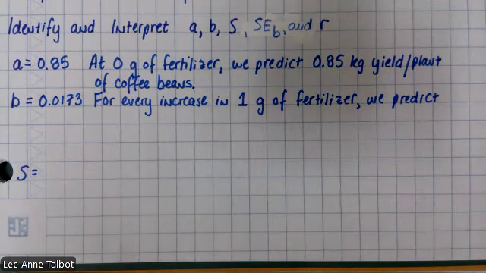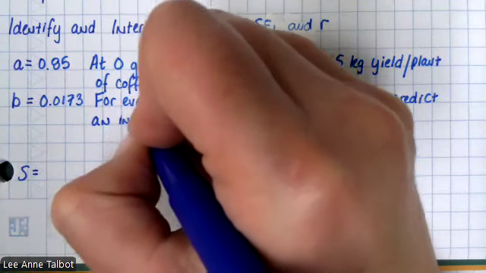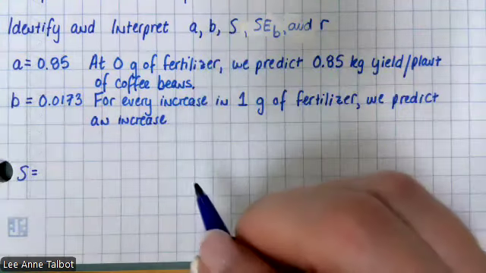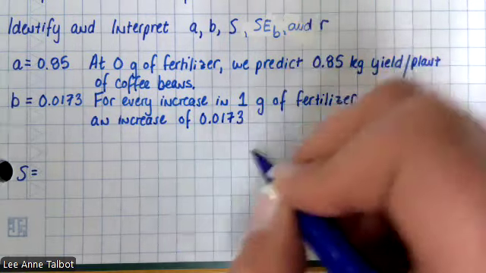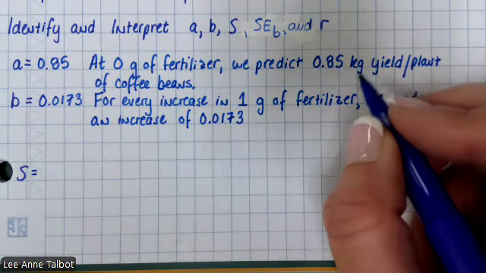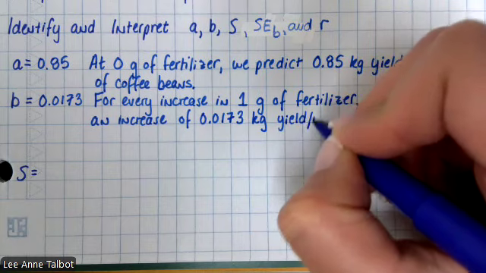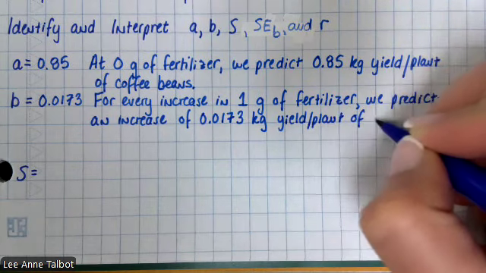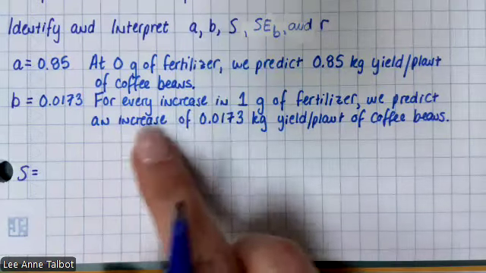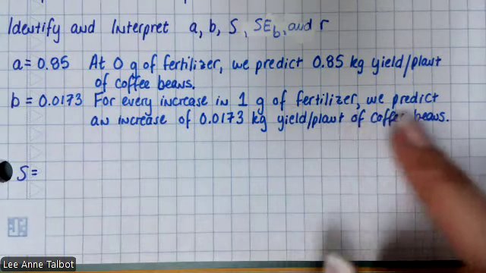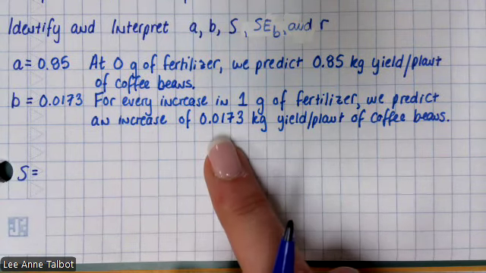You guys can tell me. Don't forget an increase, because remember, it's a slope of 0.0173 kilograms. For every increase in 1 x, we predict either an increase or decrease, depending on the sign of the slope, of slope y.